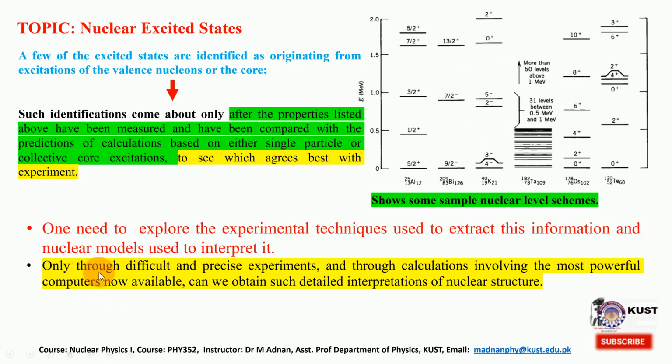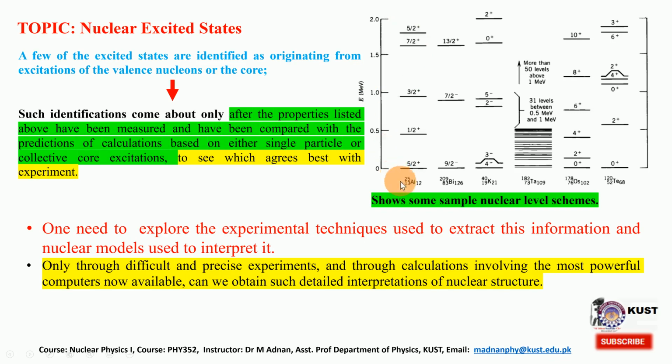So only through difficult and precise experiments and through calculations involving the most powerful computers now available can we obtain such detailed interpretations of nuclear structures. But if we just study this energy diagram of the various excited states, if you remember in my last lecture I told you that this is the representation of any energy level.